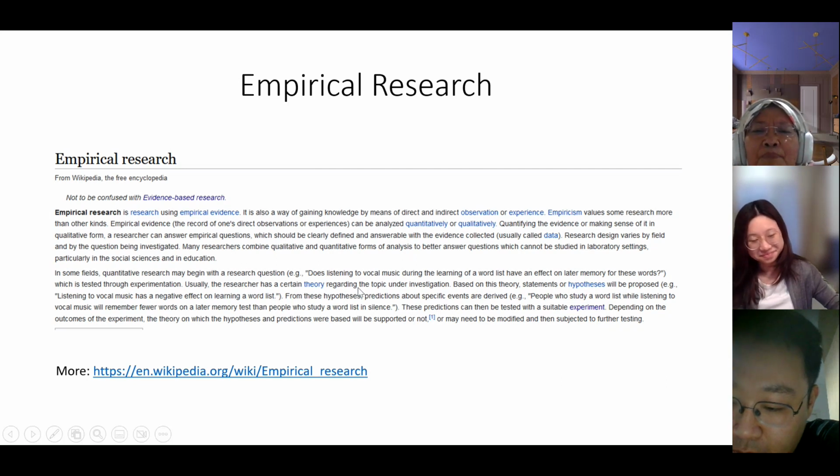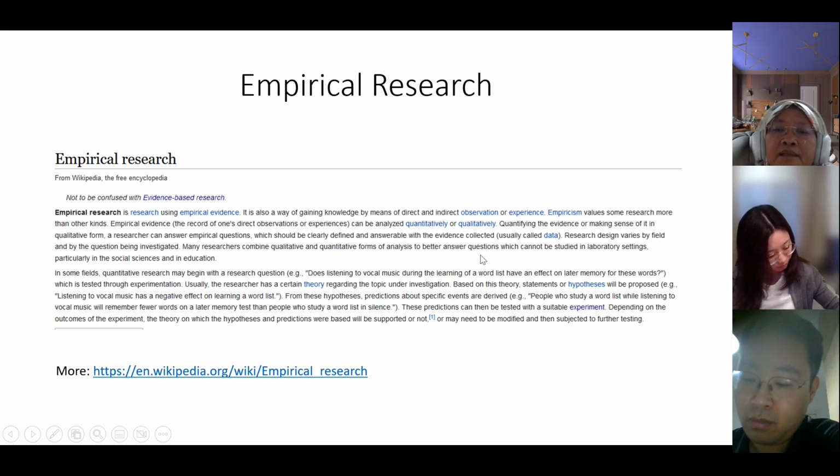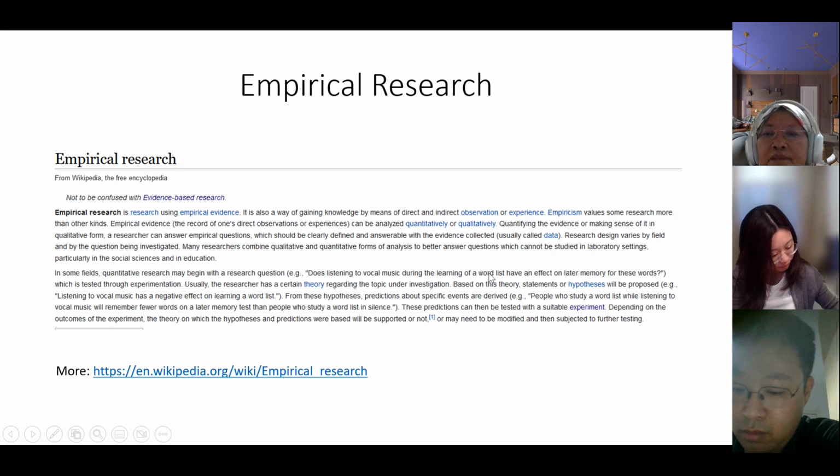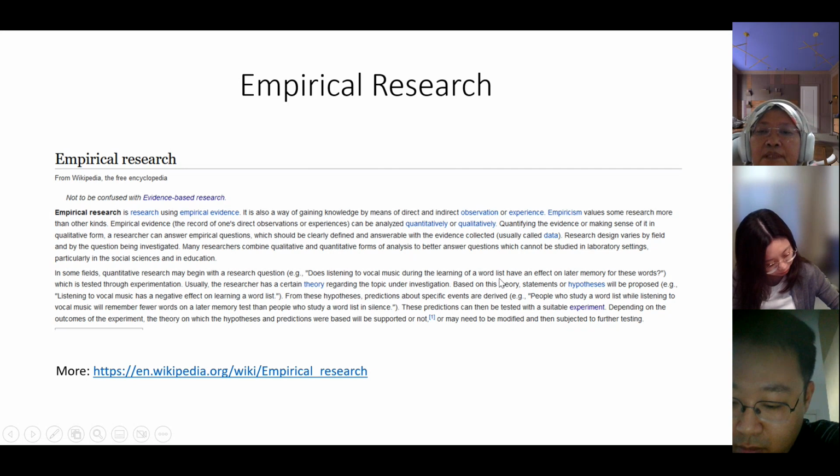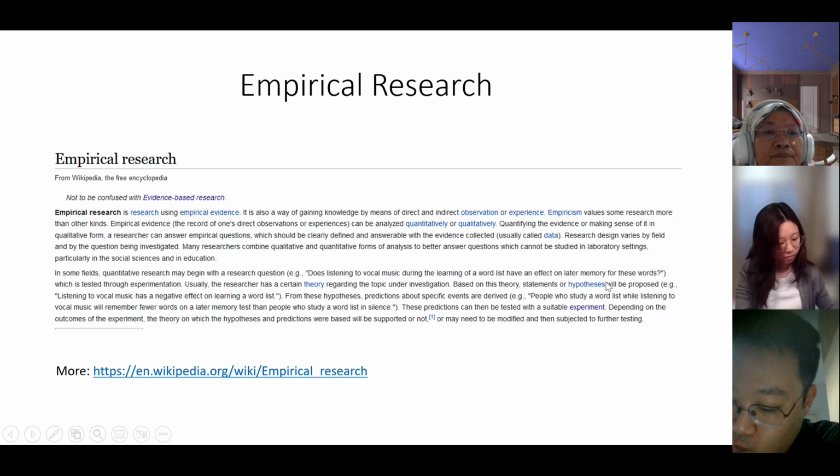A cappella means it's performed live, without instruments. So maybe you're listening to someone singing, and then you're also learning a word list. So by doing two things simultaneously, will that have an effect on later memory of these words? Can you actually recall the words? How well can you recall the words?